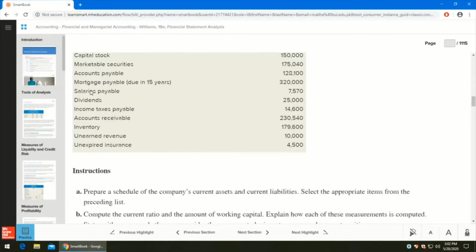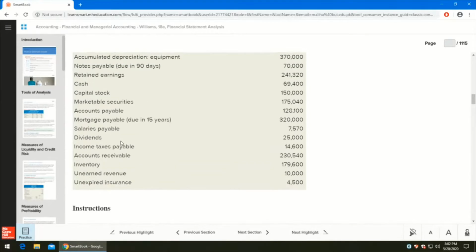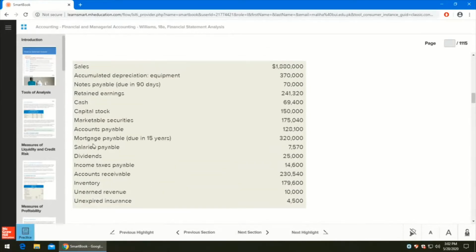Then all these payables in the short term, like salaries payable, income tax payable, accounts payable, unearned revenue, and notes payable, will be your current liabilities. And we have cash, marketable securities, accounts receivable, inventory, and unexpired insurance as our current assets in this case.